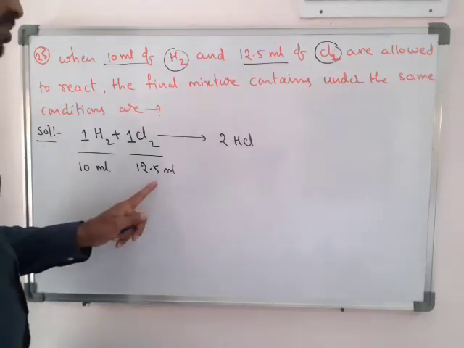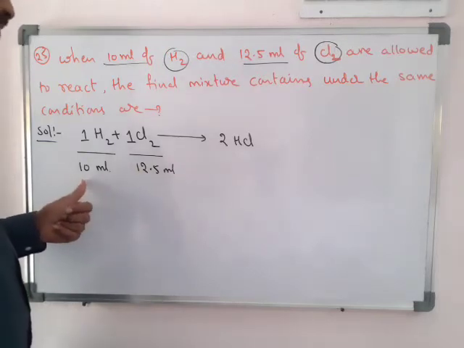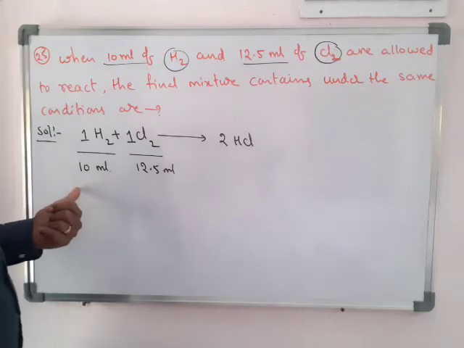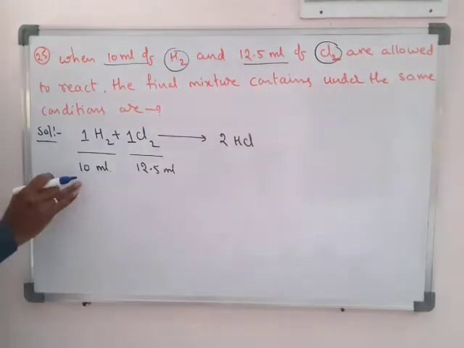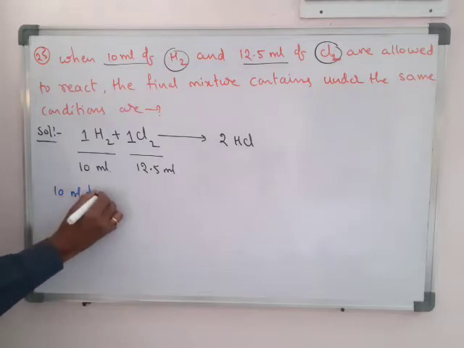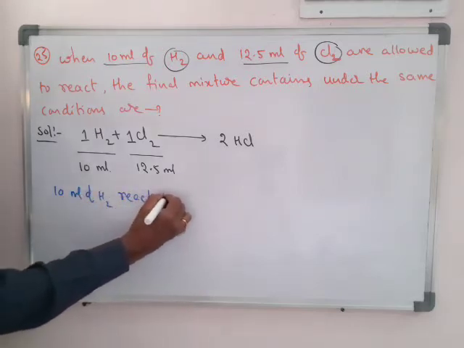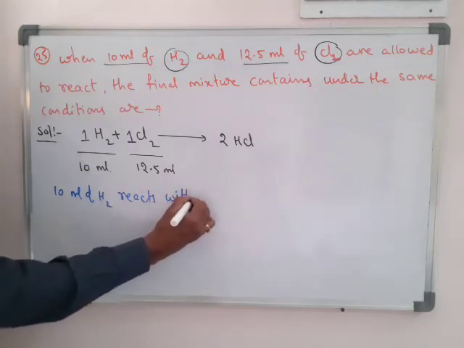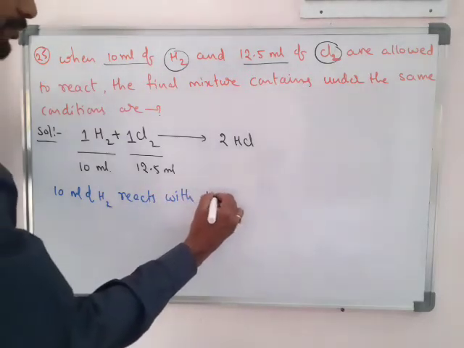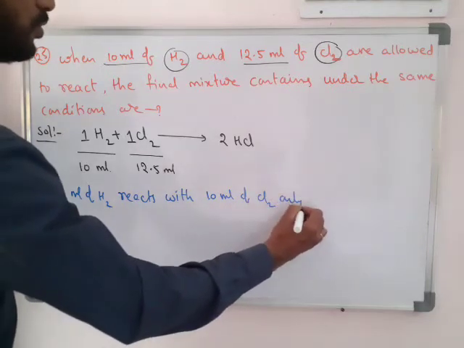So if 12.5 ml of chlorine has to react, 12.5 milliliters of H2 should be present, but it is not present, only 10 ml is present. So here we can write 10 ml of H2 reacts with 10 milliliters of Cl2 only.